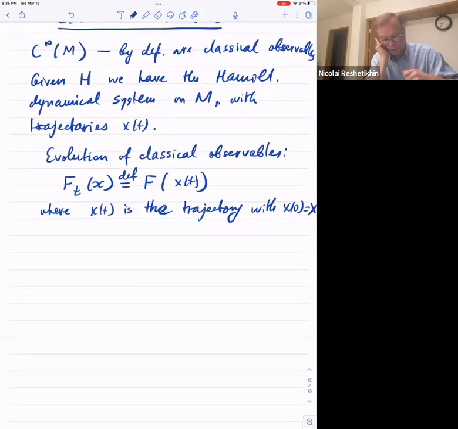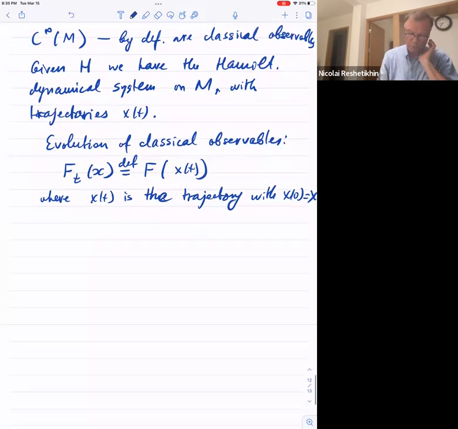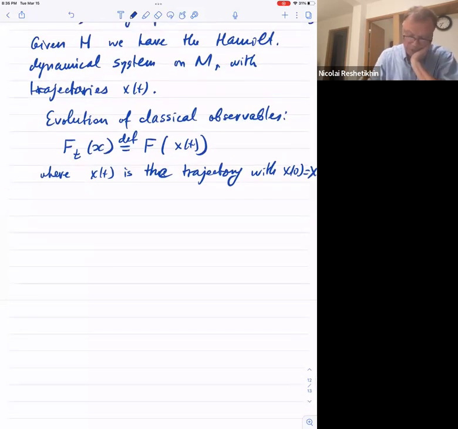The assumption is that t is sufficiently small so that there is a unique trajectory that originates at the point x. For large t, there could be singularities, but we consider the evolution for sufficiently small t. So that's the evolution of classical observables.